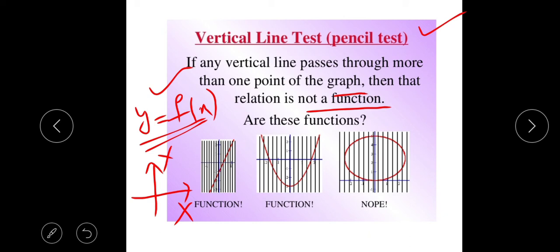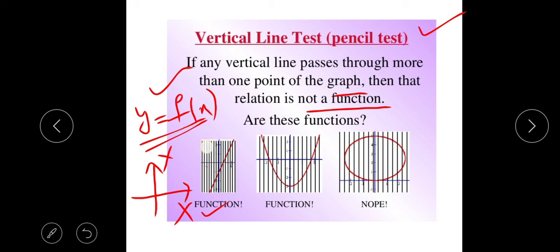Suppose in the first picture, the graph of the function is a straight line. I want to check whether this is a function or not by just checking the graph. What is the technique?